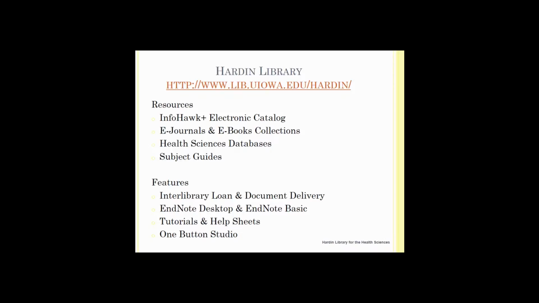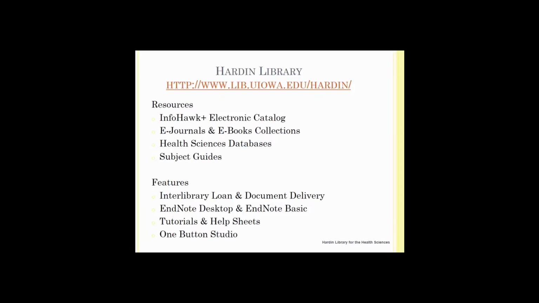So the way that it works is, let's say you're searching PubMed, for example, and you would like an article. And let's say we have it at the Hardin Library, but you're at home. Now you don't have to come to the Hardin Library, find the journal, find the article, and then scan it.